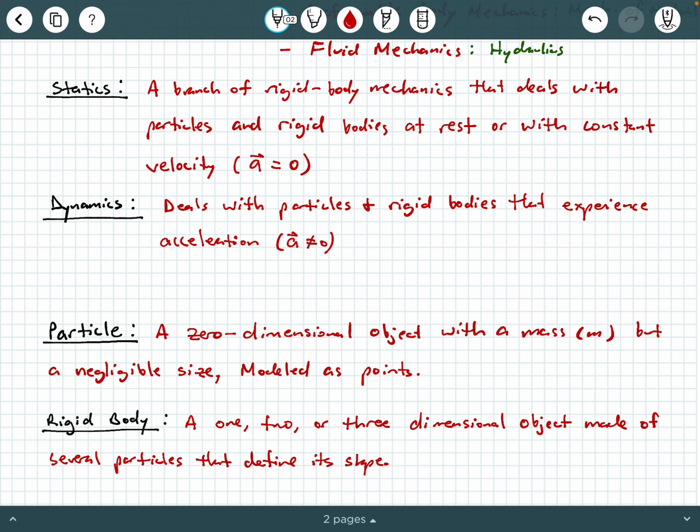So when we go through our study of statics, we're going to be analyzing particles and we're going to analyze rigid bodies. We're going to find as we go through this playlist and this course in statics that some systems it would be more appropriate to model as a single particle, or maybe sets of particles, whereas other systems are going to be more appropriate to model as 1, 2, or 3-dimensional solid objects, which would be a rigid body. So for now, just know what these two terms are referring to.